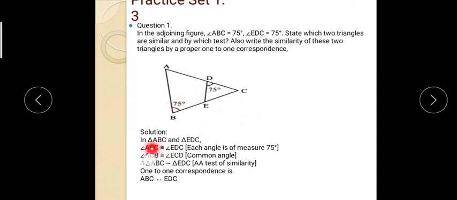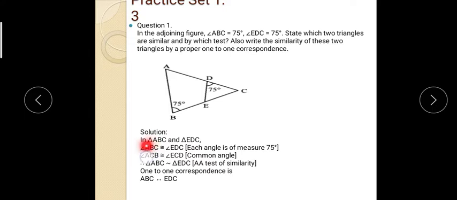Now see triangle ABC, this big triangle, and triangle EDC. Because this C is common and this B is equal to D, it is a one-to-one correspondence. Therefore, one angle is common and one is congruent, which means the remaining angles A and E are also congruent.